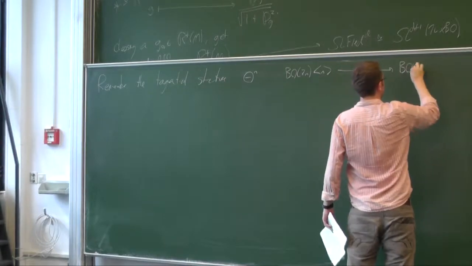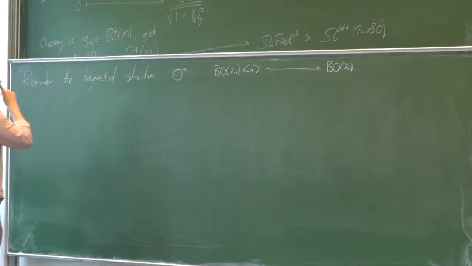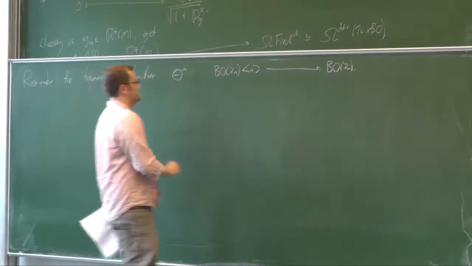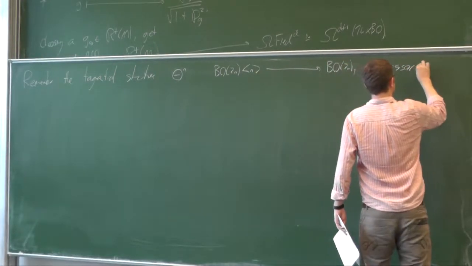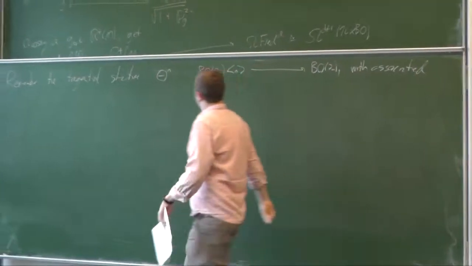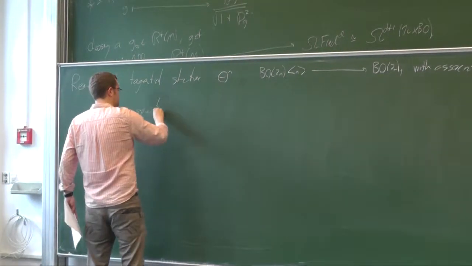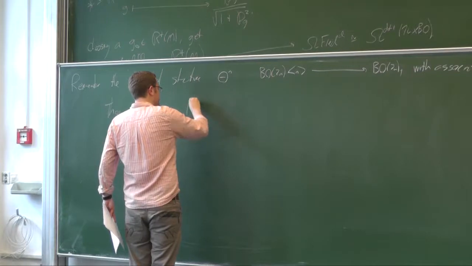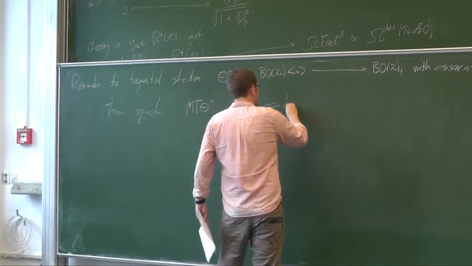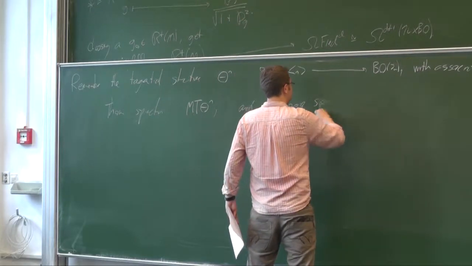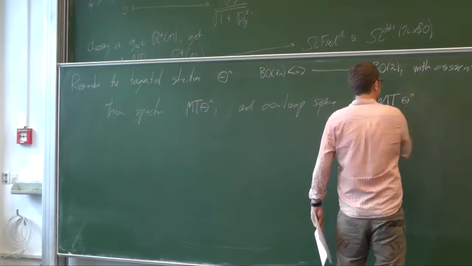So these are the ones I talked about on Tuesday, and it has an associated Thom spectrum called MT theta n, and it also has an associated infinite loop space called loops infinity MT theta n.